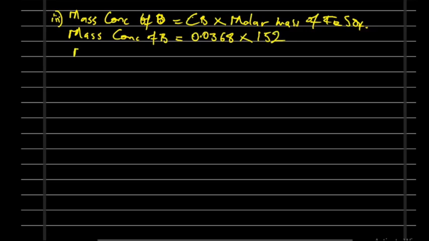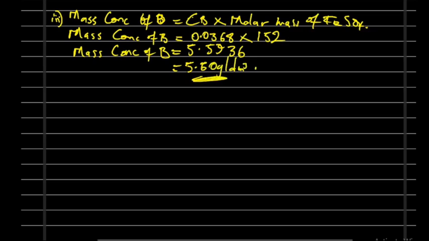So the mass concentration of B equals 0.0368 times 152, which will give us 5.5936, and when we move this to three significant figures, it will give us 5.60 grams per dm³. So this is going to be the value for question 3.